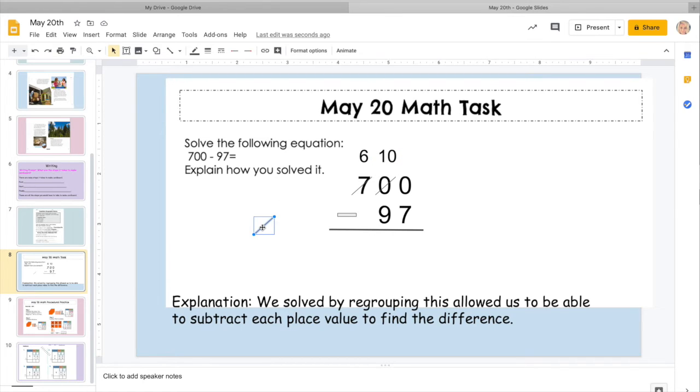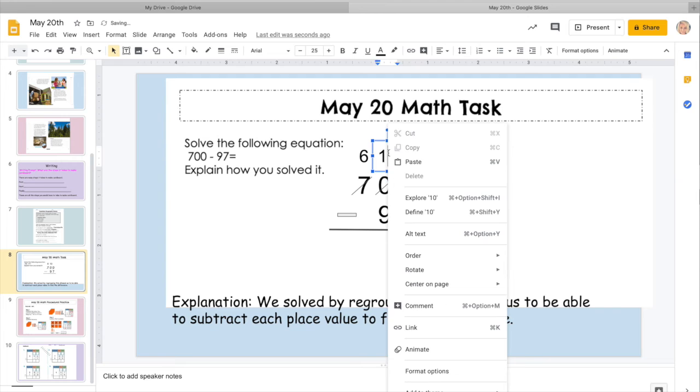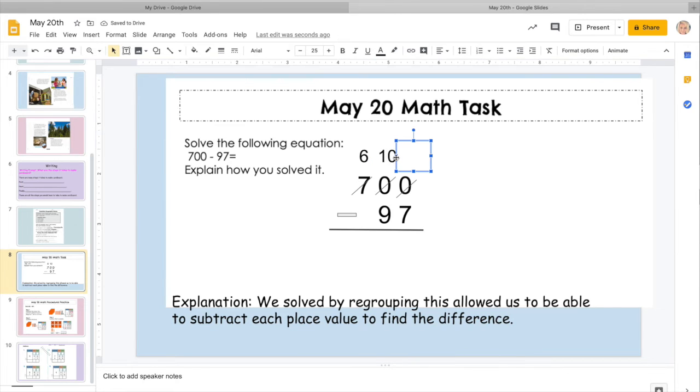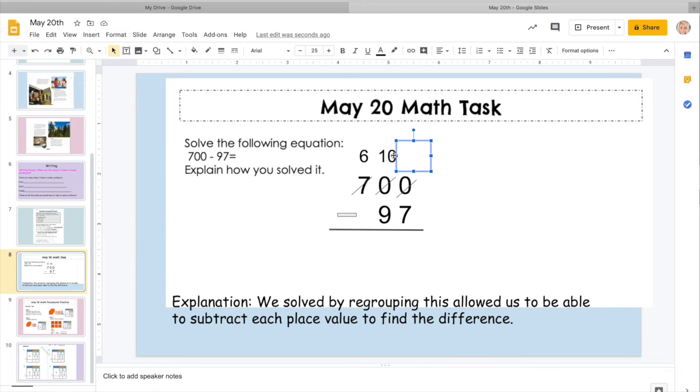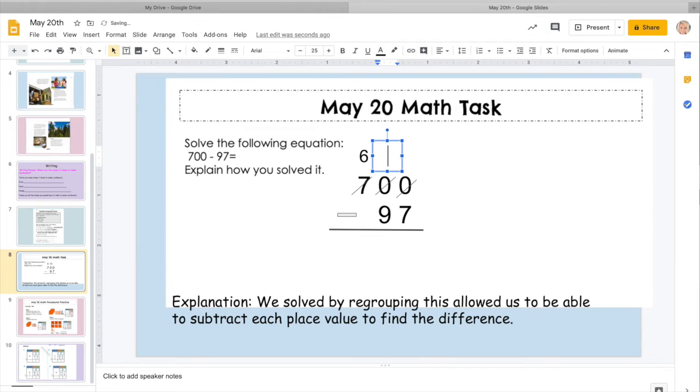So now that we've made enough there, the 10 is actually going to become a 9, because we had to borrow again. Oops, sorry about that. This is going to be a 9, and this will become a 10. Okay, now we can subtract our 1s column. We have 10 and we need to take 7 away. So if you have 10 of something and you take 7 of those, you are going to have 3 left.